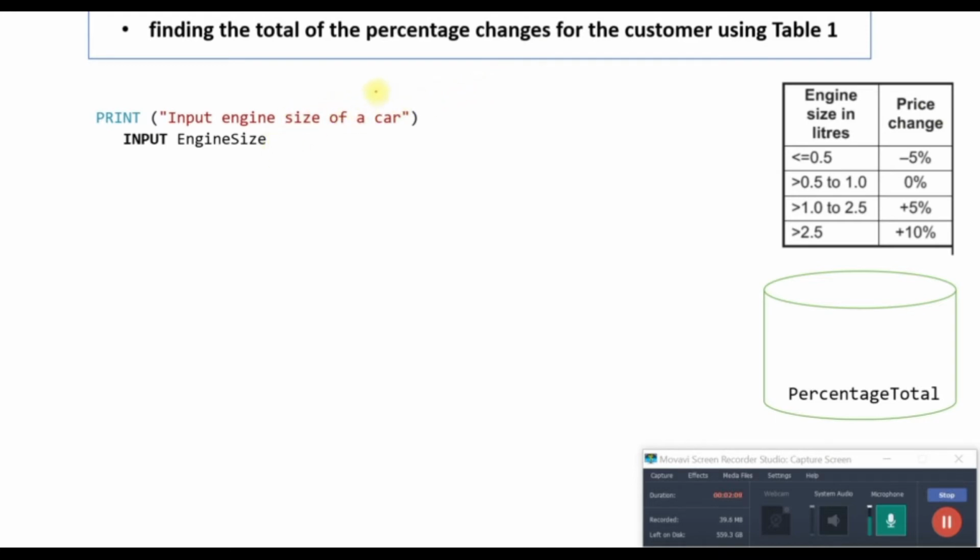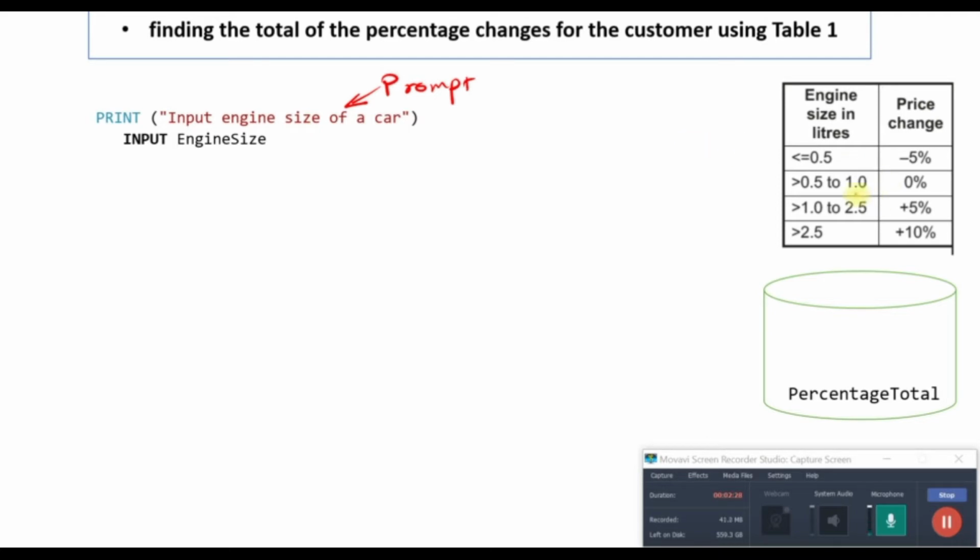The first thing here, it's very important, as I told you earlier, to prompt the user. Prompting the user means we have to show a message asking him to input the engine size of a car.